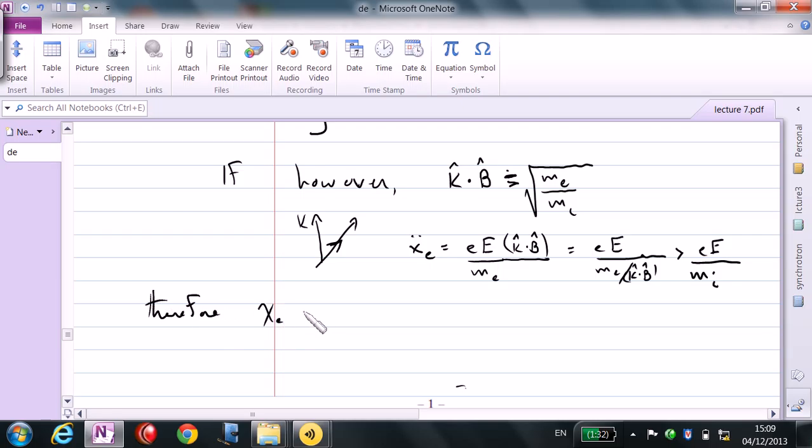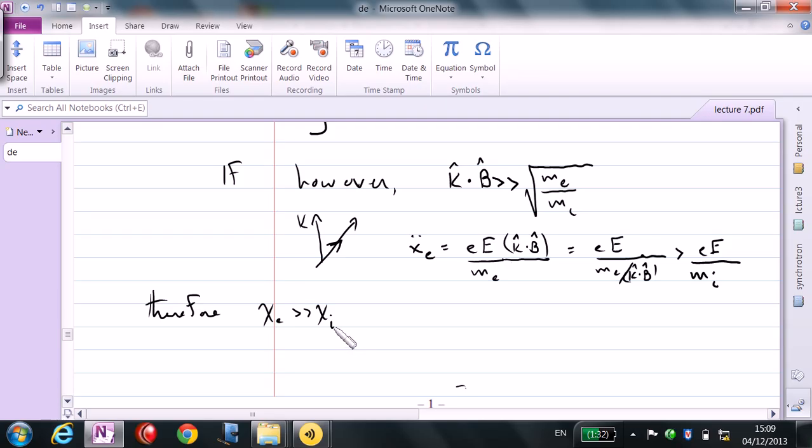Therefore, the electron term is much greater than the ion term.